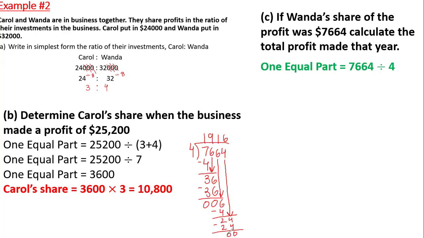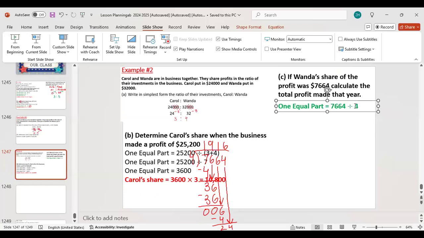And so what that means is that one equal part is going to be what? 1,916. That is 1 equal part. For the total, what I got was 38,320.